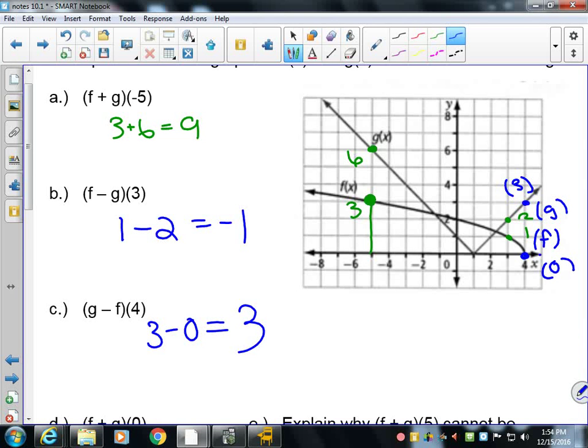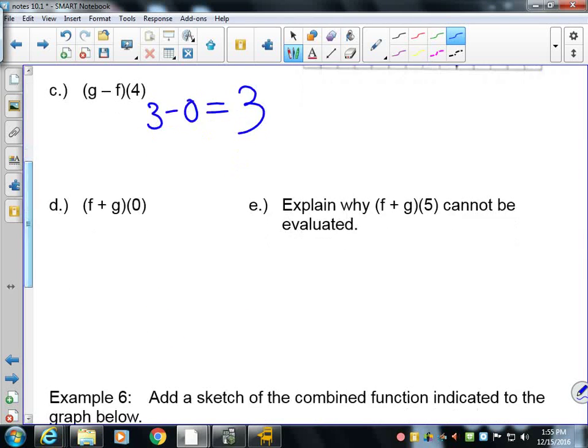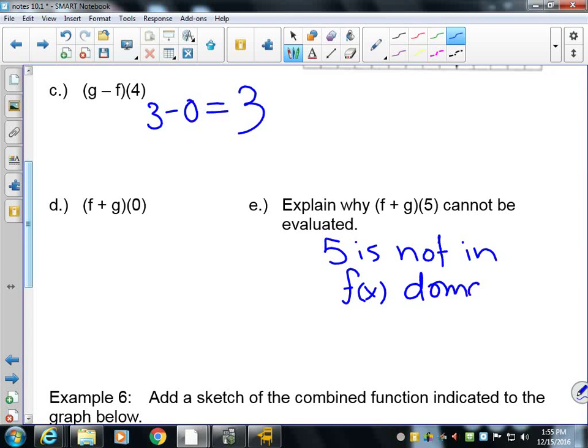The x domain for f of x doesn't go that far, so it's not part of the domain of f of x. 5 is not in f of x's domain. That is the real reason, right? It doesn't exist, so you can write that D and E don't exist.